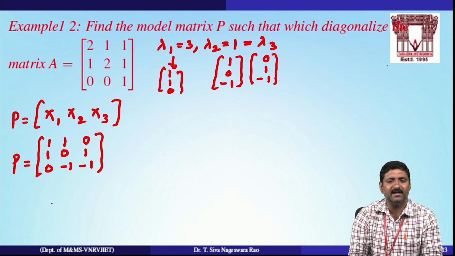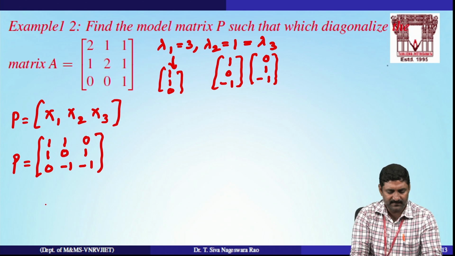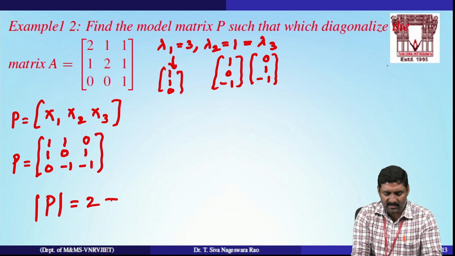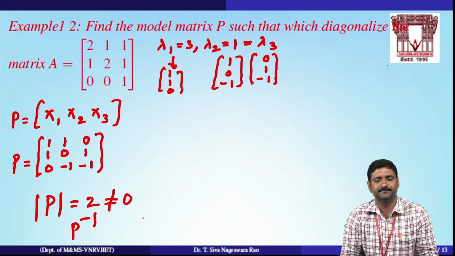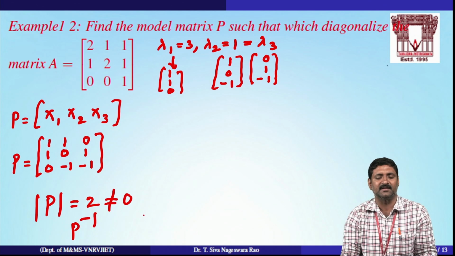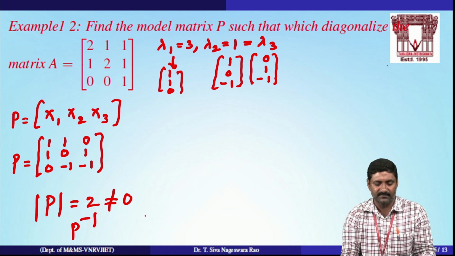Now, immediately we will calculate the determinant of the matrix capital P. That is, determinant of P is equal to 2, not equal to 0. Therefore, P inverse will exist. Clearly, determinant of P is equal to 2, not equal to 0. Hence, the matrix is diagonalizable. Sorry, the matrix is invertible.